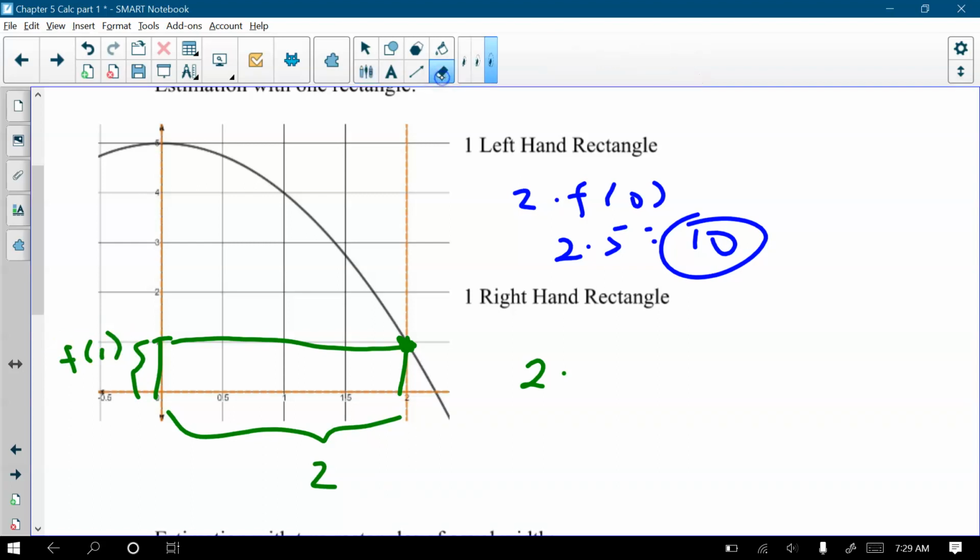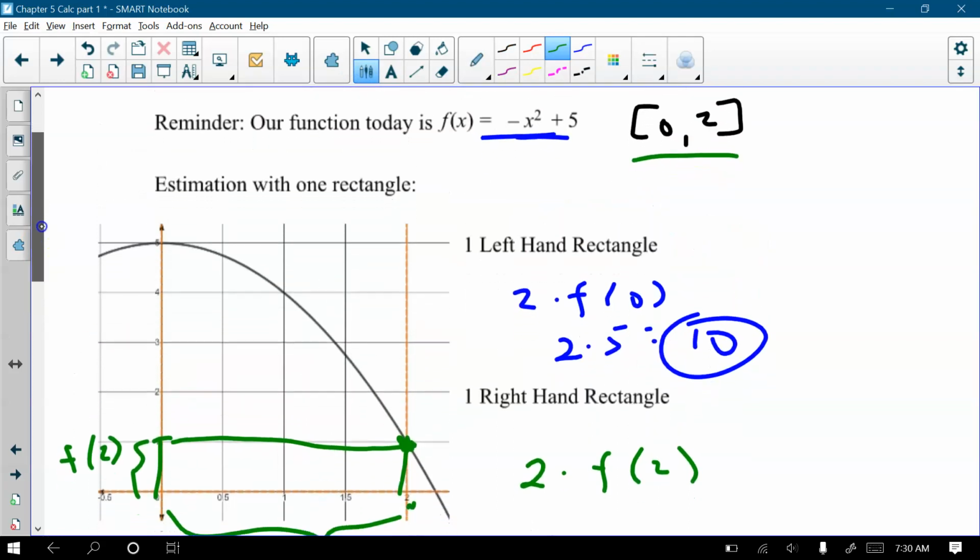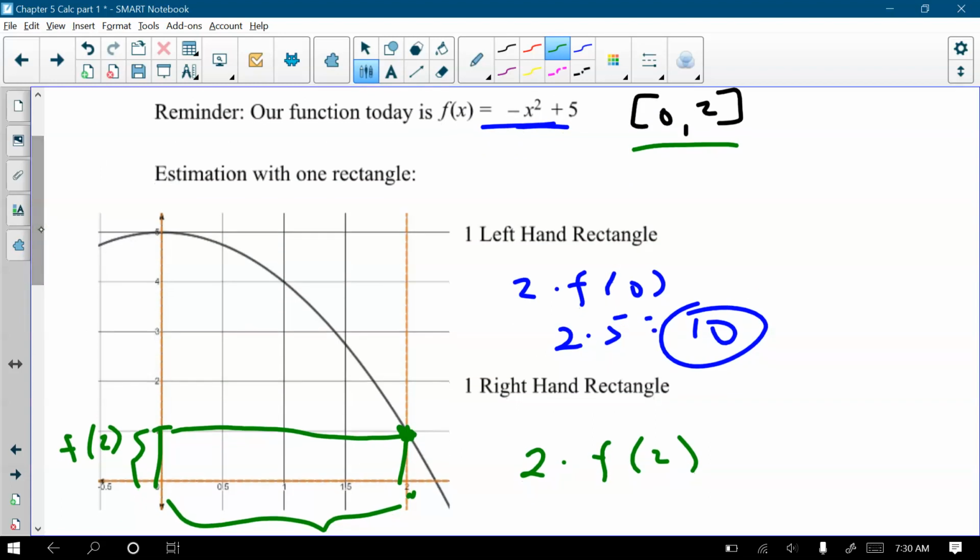It has to be f of 2, because the x value is 2 here. So let's do 2 times f of 2. Keep in mind, f of x is negative x squared plus 5. So negative 2 squared plus 5 is equal to 1. So 2 times 1 equals 2.